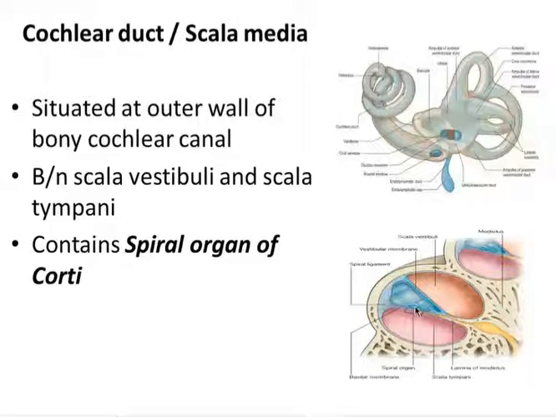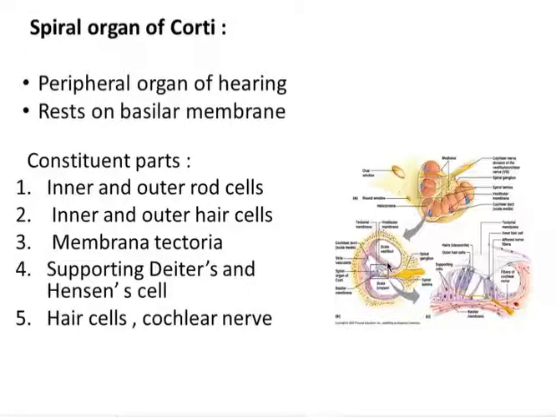So here you can see the modiolus, and the cochlear duct in an enlarged view of this one part. Scala vestibuli, scala tympani, scala media here. If we take an enlarged view of this part, with the basilar membrane, this is the structure of the spiral organ of Corti.